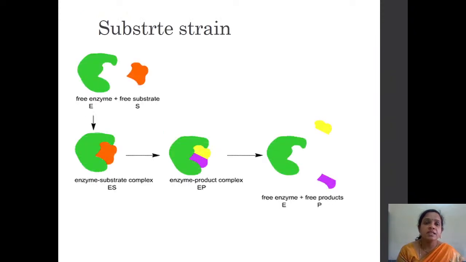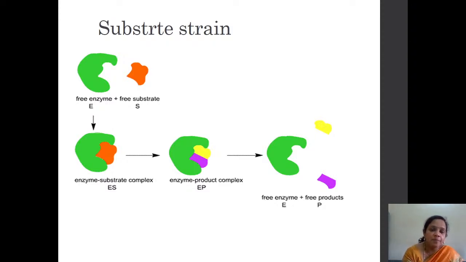Next is substrate strain. In substrate strain, what will happen? The free enzyme, when it combines with the free substrate, forms an enzyme substrate complex. This enzyme substrate complex will cause strain in the active site of the enzyme, and that strain and stretch of the active site will help in decreasing the activation energy.